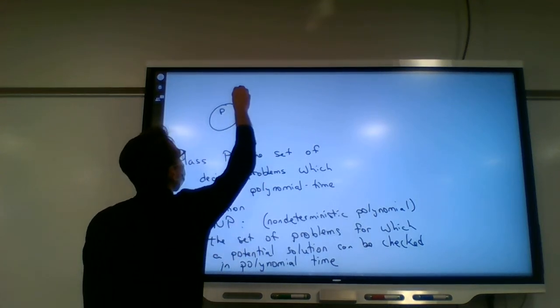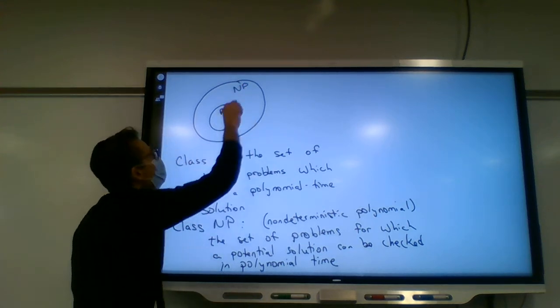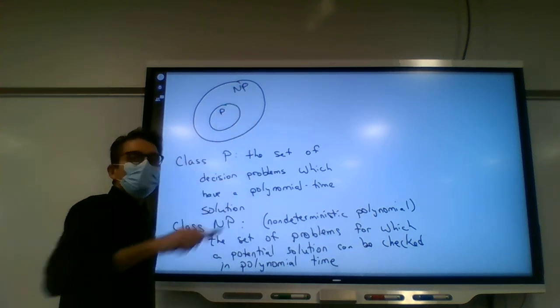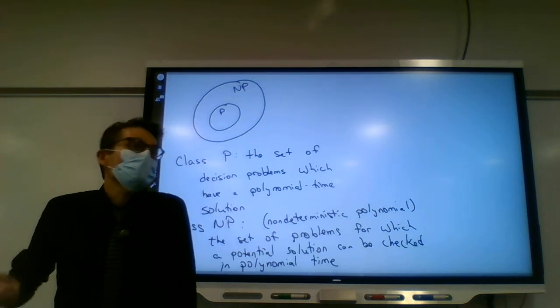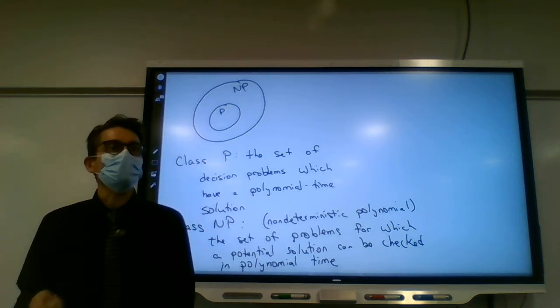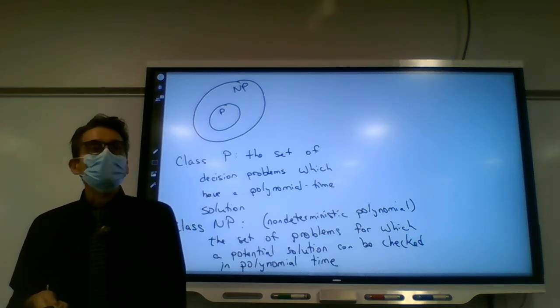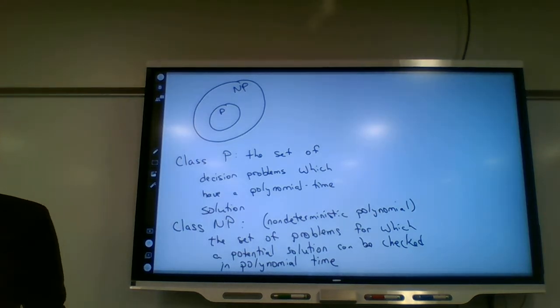And so it turns out that the class P is a subset of the class NP. If you can solve it quickly, then you can check it quickly just by solving it and comparing the answers. Can you solve it more than once and compare them? No. Somebody says, here, I think this is the answer to the problem. Do you agree?